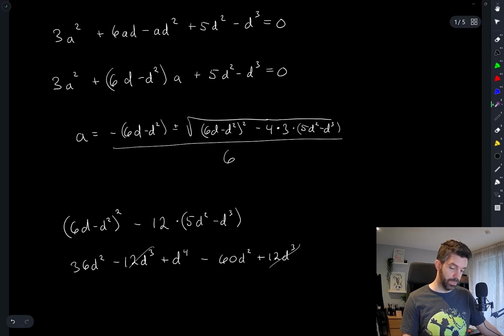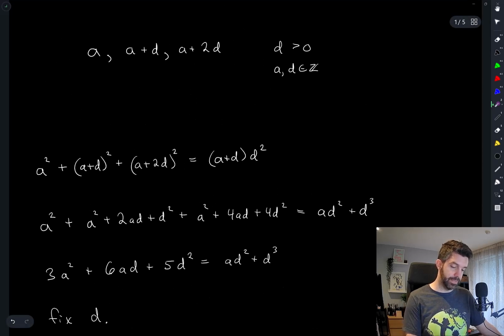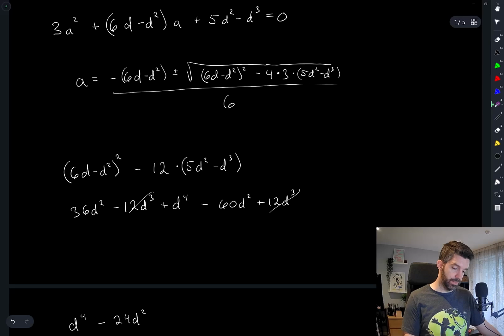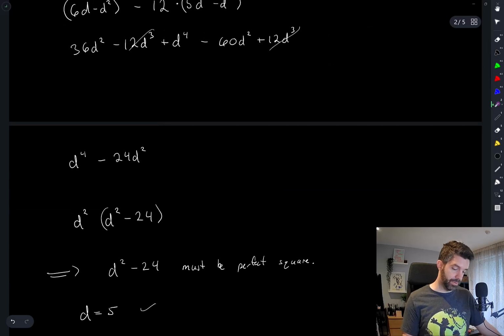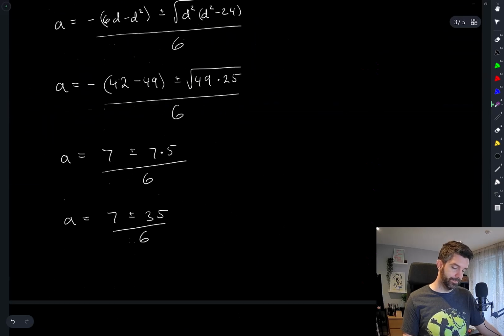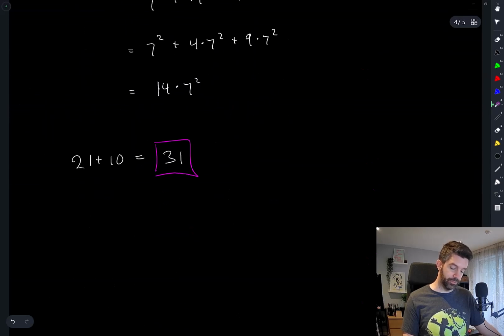And when you keep the information you're given in mind, that d is positive, it's an integer, and a must be an integer, that puts restrictions on what this discriminant can be. And that pretty much led to the final answer, more or less. A little bit more work, but that ended up allowing us to complete the problem.